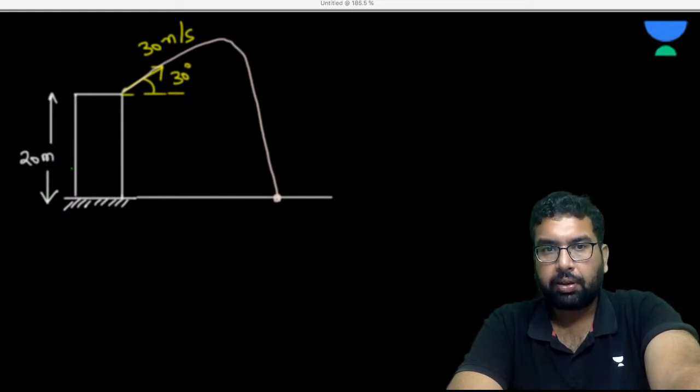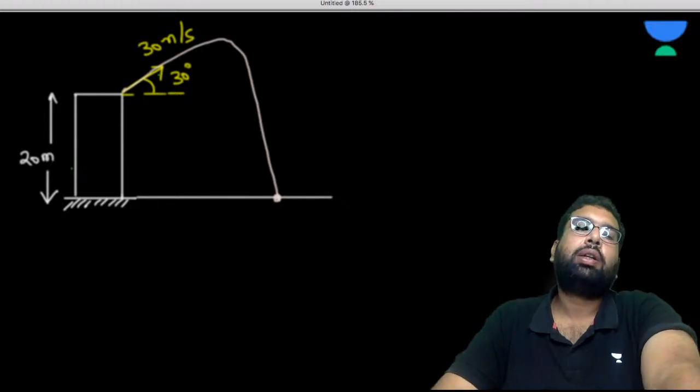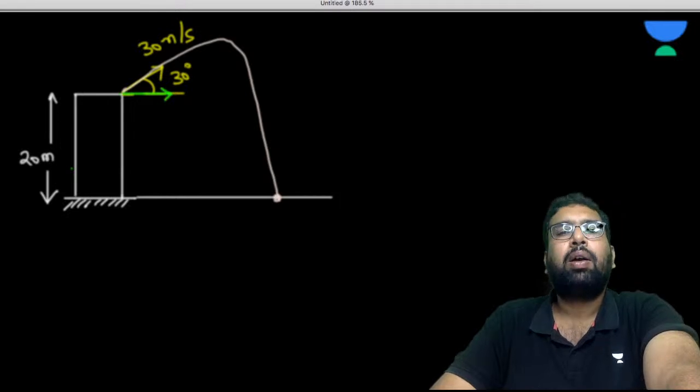So now, do you agree to this? Since it is shown at 30 degrees, we have to follow our basics. It is like the sum of vectors, and the motion in a straight line follows the equations of motion.